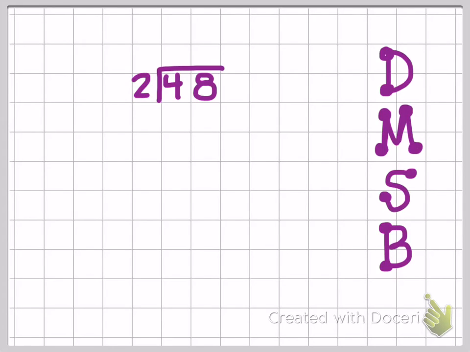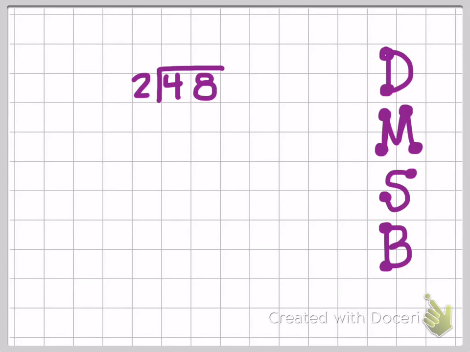Okay, our first step is to divide. Since we start with the digit all the way to the left, we're going to divide it. So look at this 4. We are literally going to do 4 divided by 2. That's my first step.